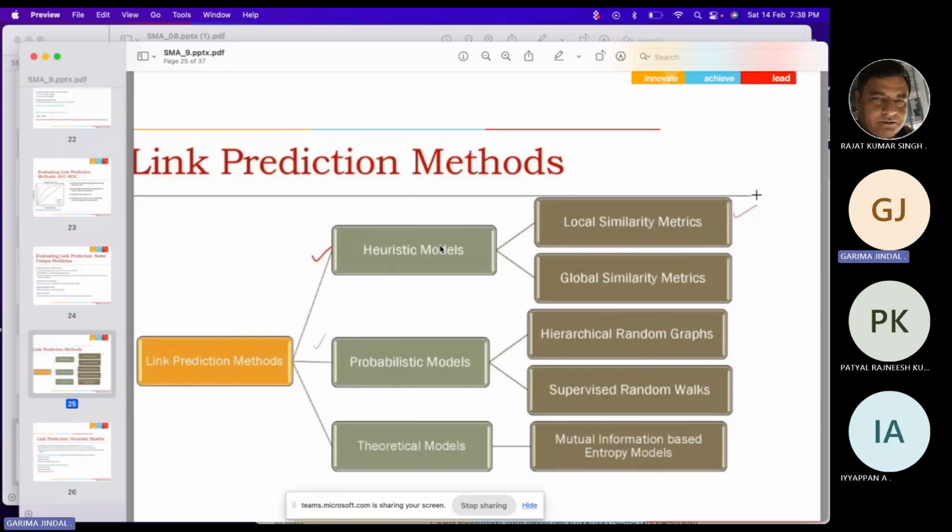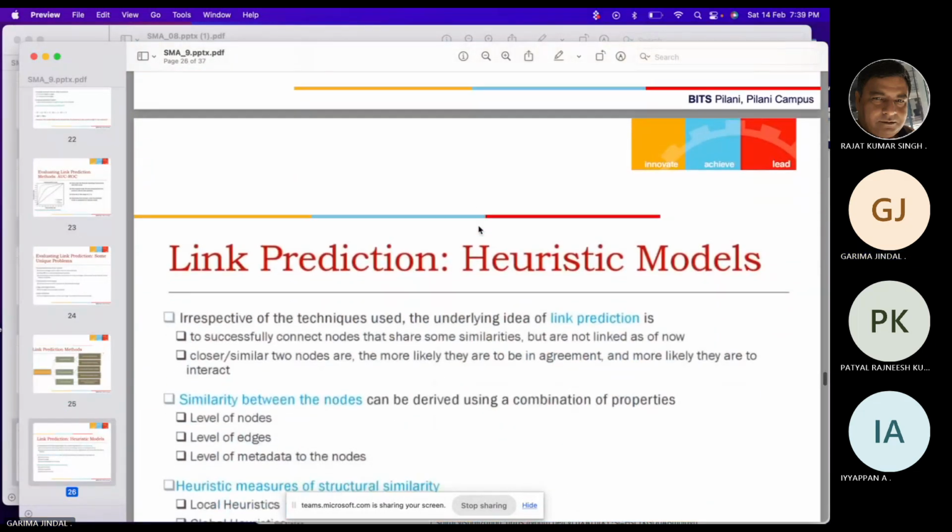The different link prediction algorithms can be heuristic based, probabilistic models, or theoretical models. We have not discussed the theoretical models, although we have tried to cover the other two categories, the probabilistic and the heuristic methods.